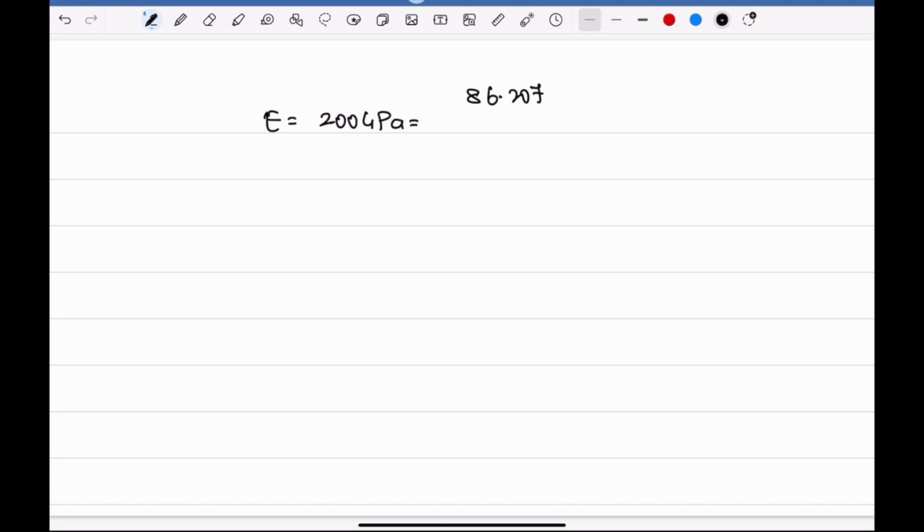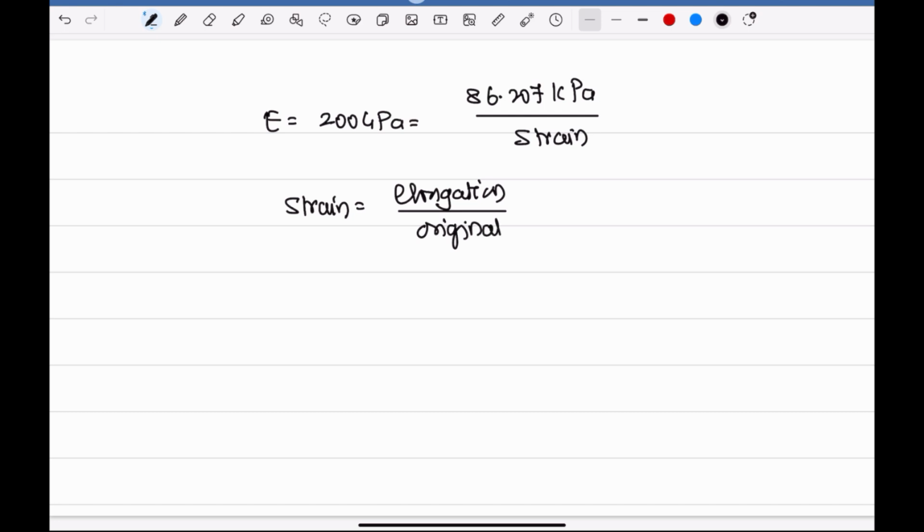Now, E is equal to 200 GPa, equal to stress, 86.207 kPa. Let us convert everything to Pa next, divided by strain. Strain does not have any units because it is a relative quantity: strain is equal to linear elongation divided by original length, or gauge length.